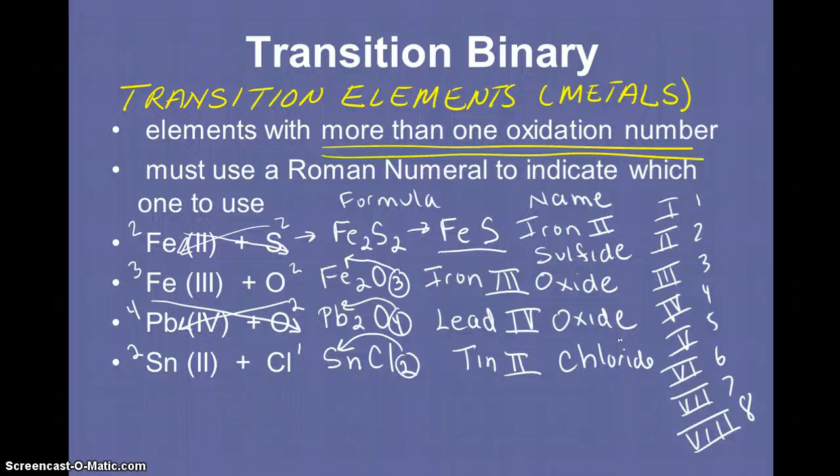Okay, so when you look at these, we're going to get to the point, if I give you just the formula, like let's say I just gave you Fe2O3, the first thing you want to do is distinguish whether it's an ionic or covalent compound.